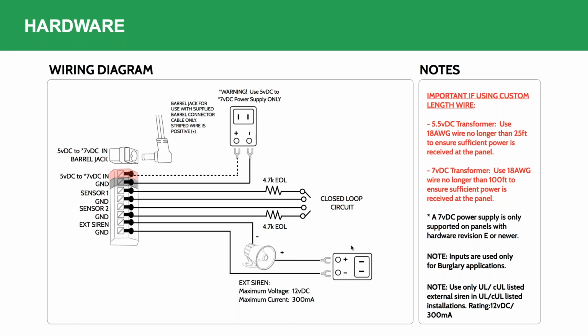So over on the top right side, you'll see some things in red. Originally with the 5.5 volt transformer, as a manufacturer, we said use 18 gauge wire, no longer than 25 feet. That was to keep ourselves safe, keep you guys safe. But we knew if you did the math, you could go about 45 to 50 feet with 18 gauge wire, less with 22 gauge.